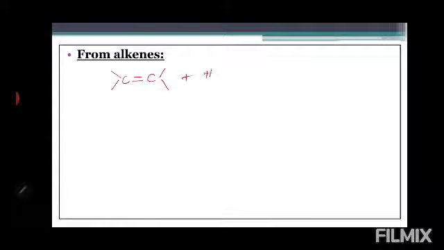When one molecule adds, one bond breaks at the cost of one bond, and the double bond breaks so carbon has a single bond now. In the addition, H goes to one carbon and X goes to the other carbon.